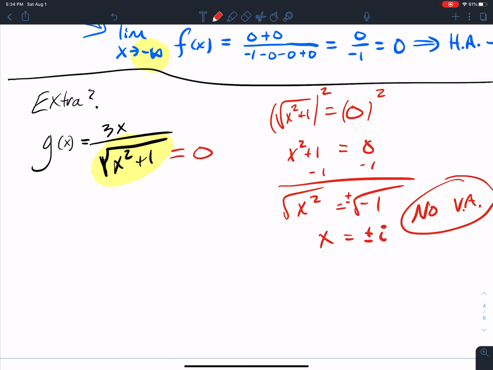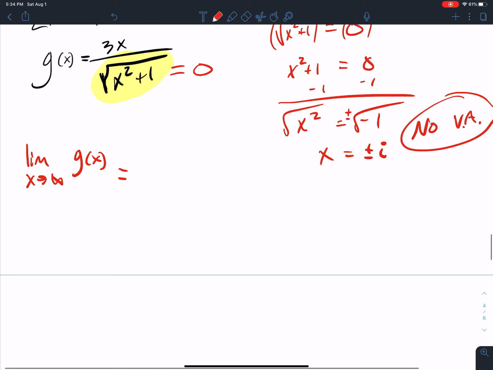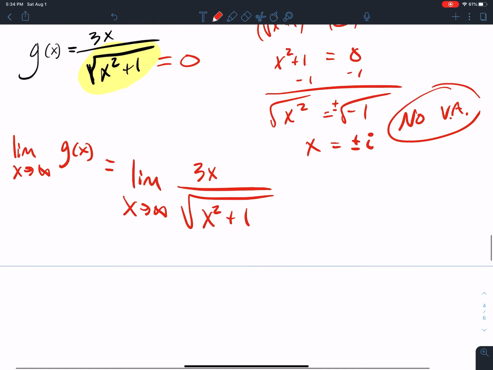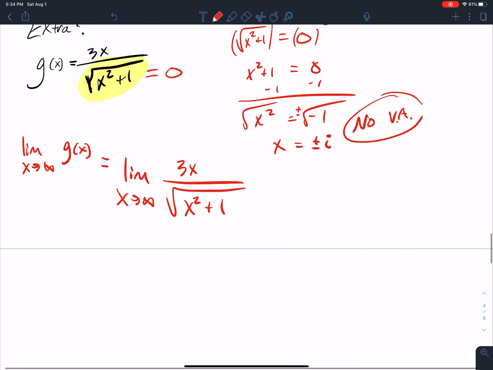What about horizontal? Okay? Horizontal asymptotes, I take the limit as x goes to infinity of the function g of x. And so what does this look like? This is the limit as x goes to infinity of 3x over the square root of x squared plus 1. Okay? So if I take this limit, well, I've got a little bit of algebra to do, because I have a square root in here and not a square root up there.